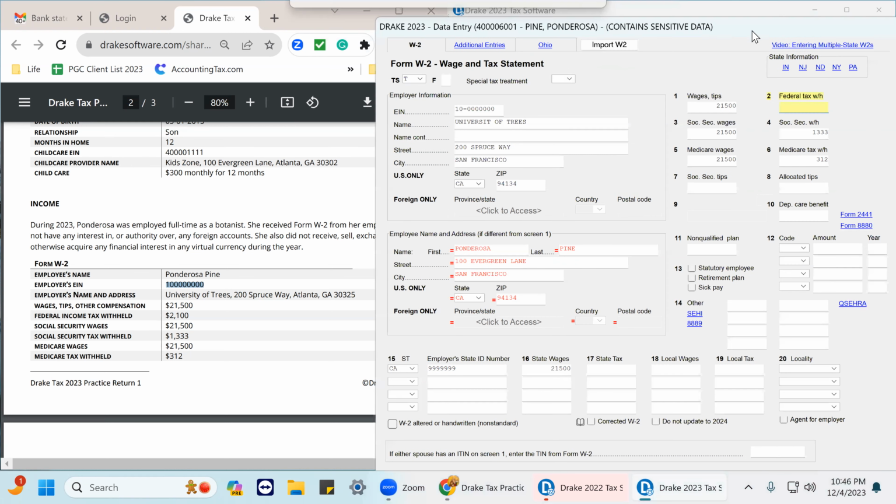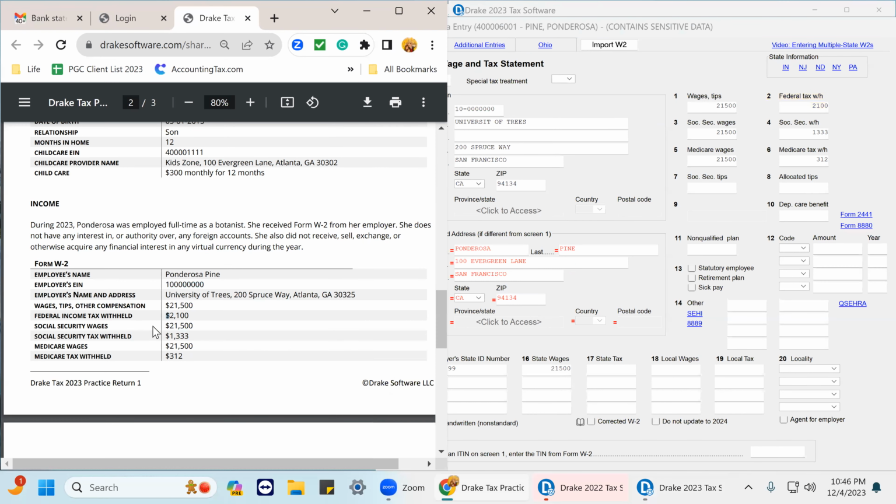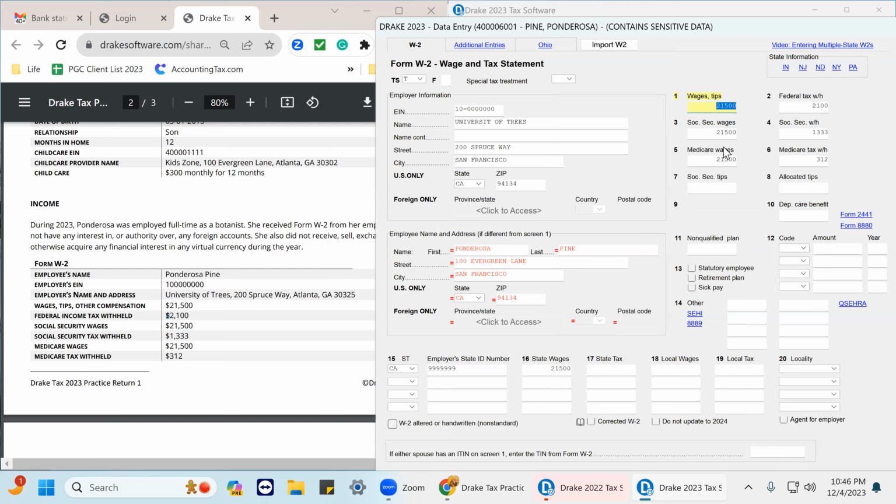And box 2. Okay, Victoria, what's box 2? Huh? I can't see. 2100. Okay, 2100, the federal withholding, like here. Once you put in box 1, the system will make boxes 3 and 5 equal.